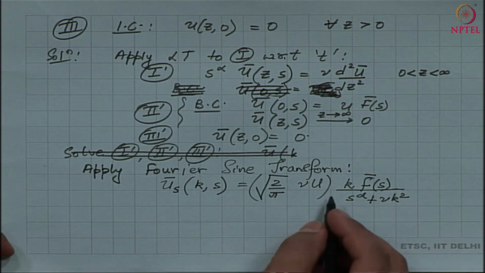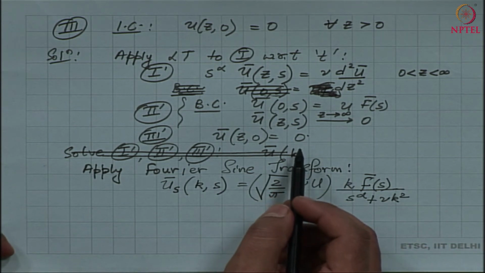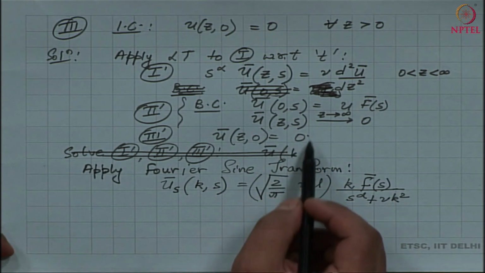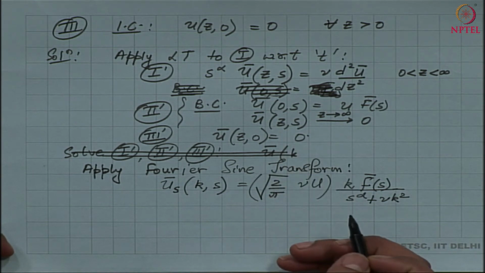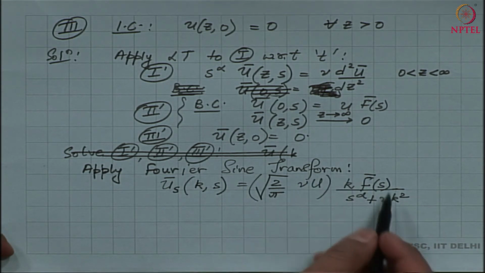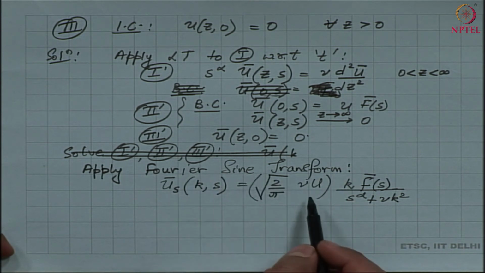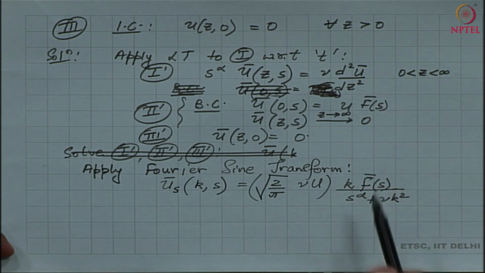Okay. So, notice that this k is arising due to the fact that the solution is 0 at time t equal to 0. Which means that this particular form of the transformed solution takes into account all my boundary conditions and initial conditions.